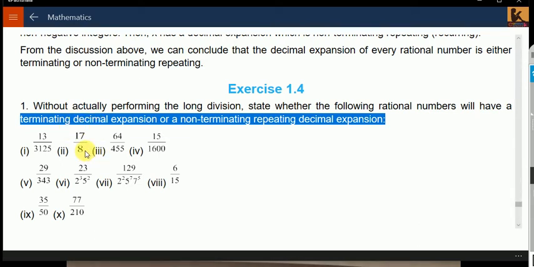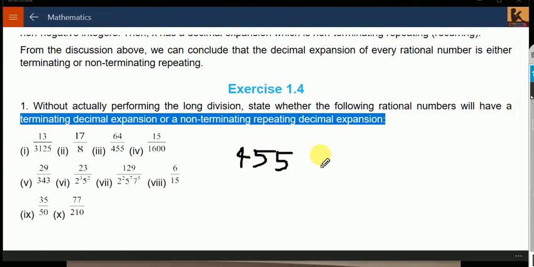There is no 5 in this, but there is nothing else either, so it will be a terminating decimal expansion. Over here you will get a factor of 5 and some other factor, therefore it will be a non-terminating decimal expansion with reoccurring numbers. 455 will have factors 5 into 7 into 13.